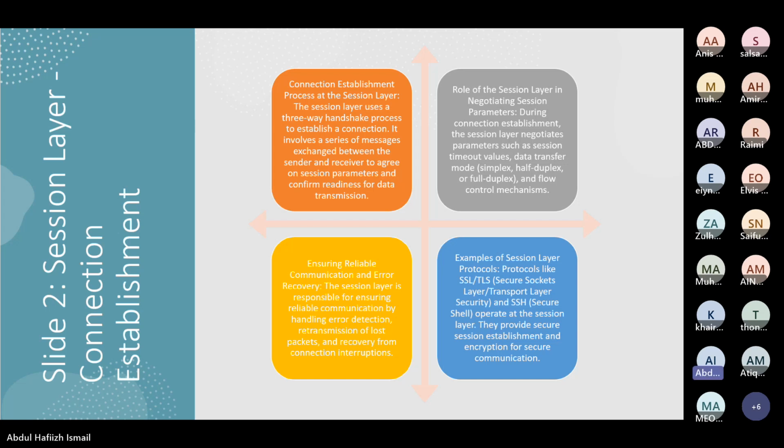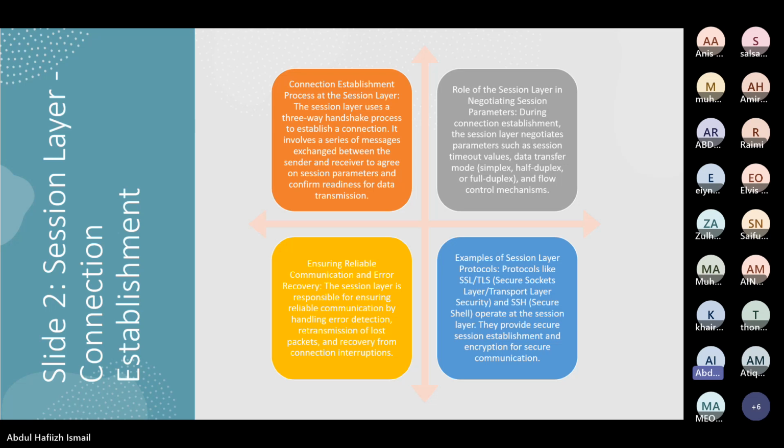Reliable communication is a fundamental aspect of the session layer responsibilities. It actively handles error detection and recovery mechanisms. If any packets are lost or corrupted during transmission, the session layer detects these errors and initiates retransmission of the lost packets.